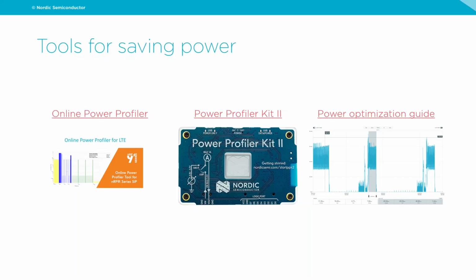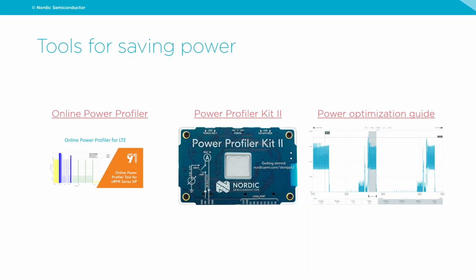You put in how much data you're sending, how often you're sending it, whether you're using Narrowband IoT or LTE-M, you input different network parameters, and you will get a very detailed curve of the power consumption back, showing you how much power your device is expected to use in the different scenarios.